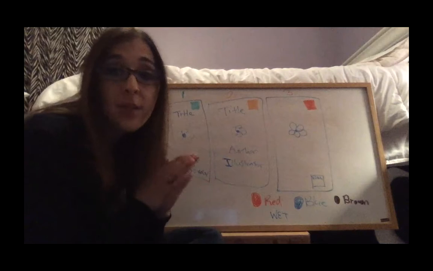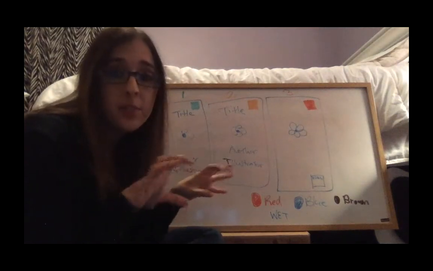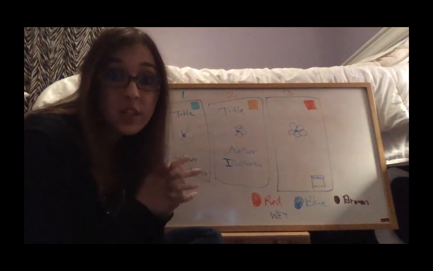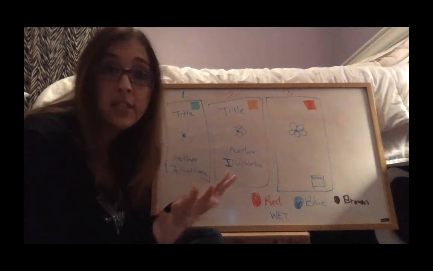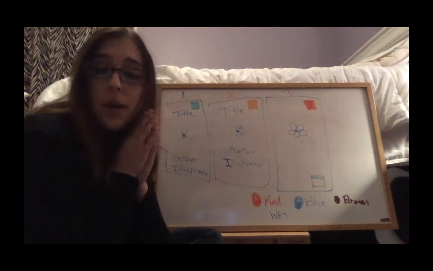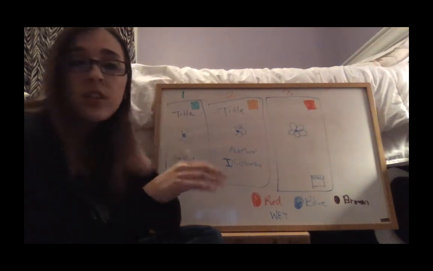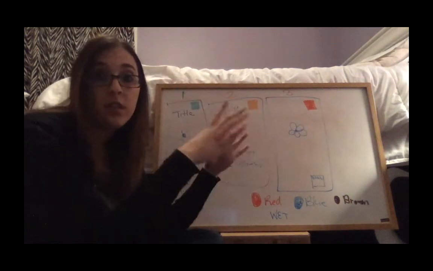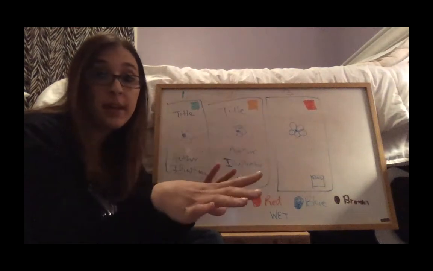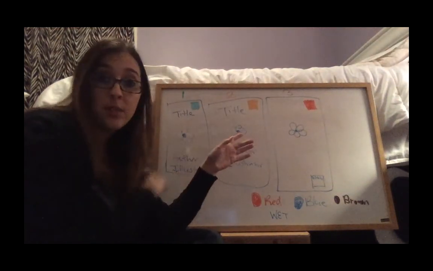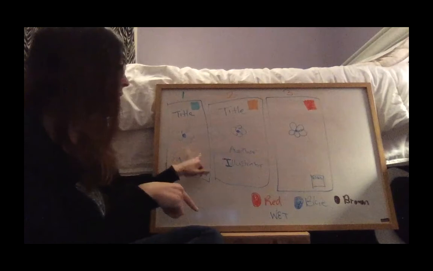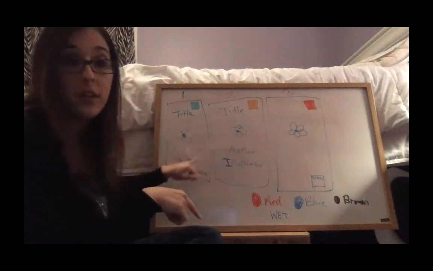Okay, guys, now we're going to go into 3 separate groups. You're going to have 3 stations to go to. You'll get to go to every station, so don't worry. At one station you're going to have shaving cream and pictures of a front cover of a book, a title page, and a back cover. You're going to use the shaving cream to draw each part of the book that we were learning about.